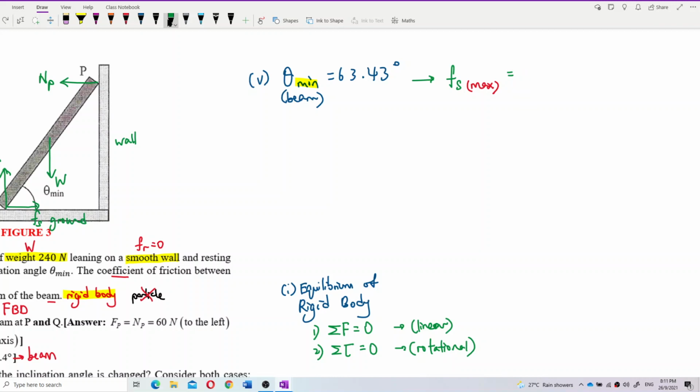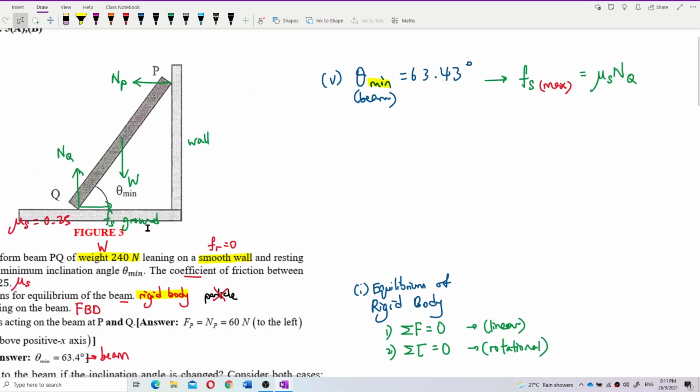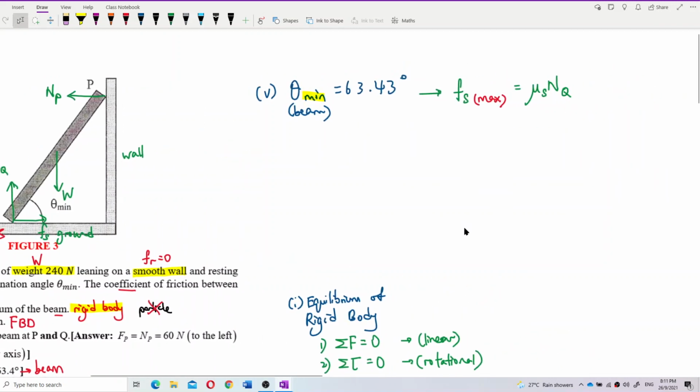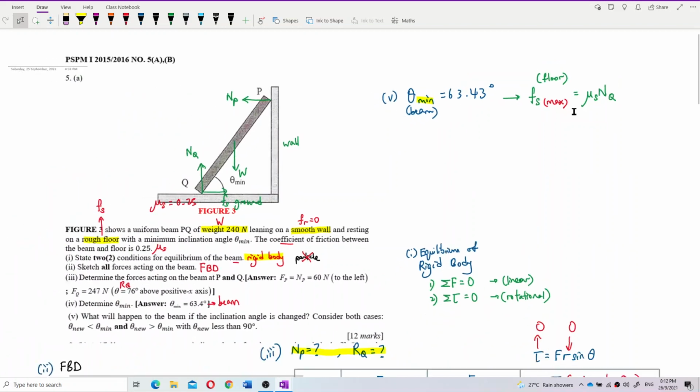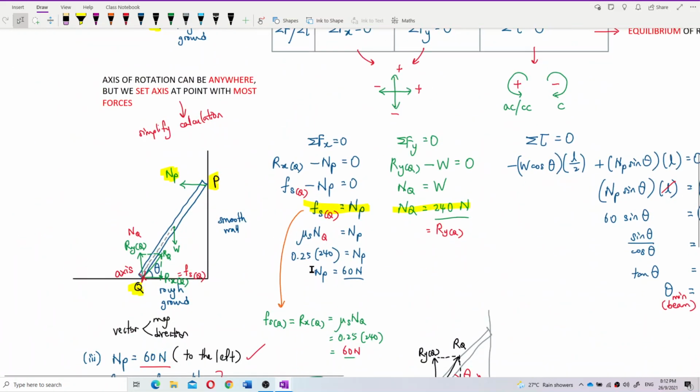which is using mu S and Q, because this friction is for the floor, isn't it? That's why you use the normal force for Q, not the normal force for P. So it has achieved the maximum static friction already. What value is the maximum static friction we get?